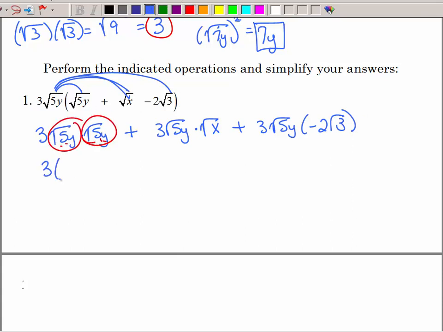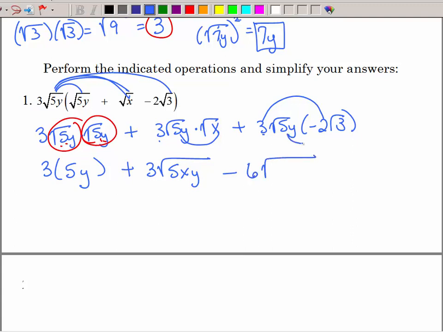Since these are the same, what happens? You keep the 3, the square root squared cancel each other out, and you just get 5y. Here, the 3 stays on the outside, all of that's on the inside. And then here, a positive times a negative is a negative. Those are the outsides, that's 6. These are the insides, I see no pair, that's 15y.